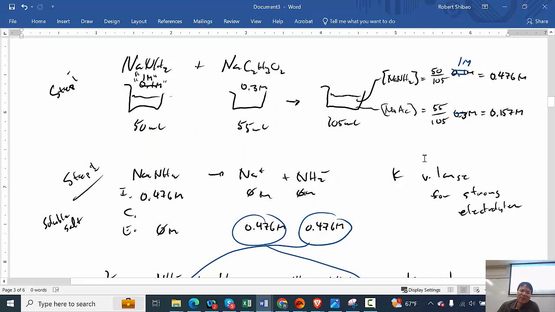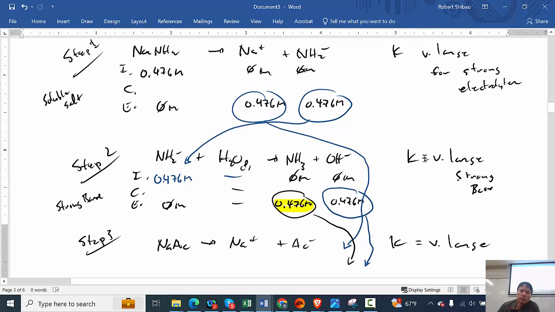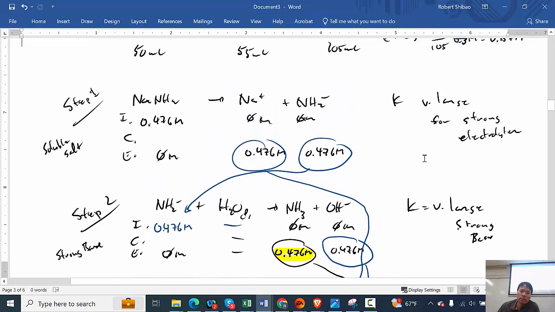For example, if I look at step 1, I significantly changed the amount of amide in step 2. So if you look at, I ended at step 1 with 0.476 amide, but by the time I get to the end of step 2, it's 0.